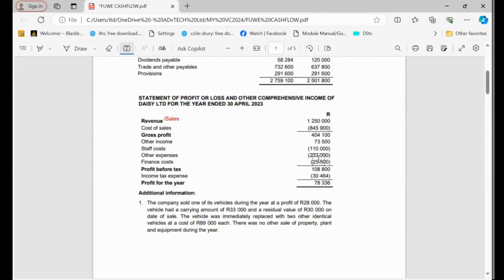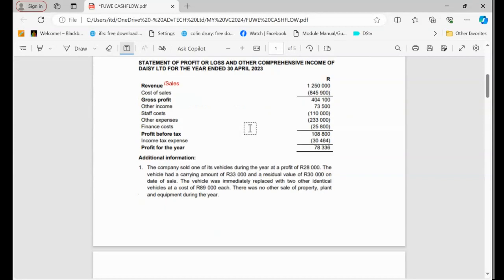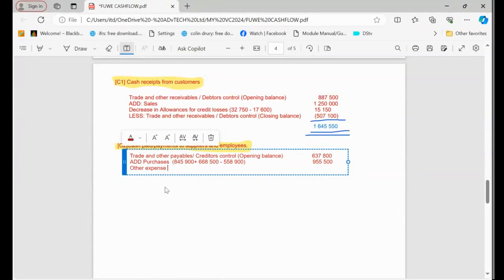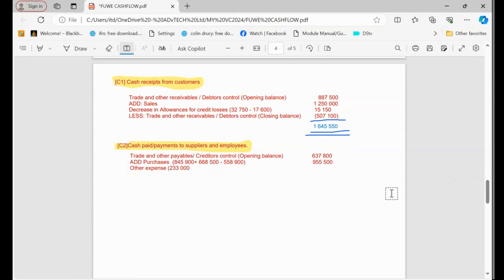How much? 233, yeah. I'm going to go down. Remember, I'm just showing the calculation in brackets there. So far, I found 233,000. I'm going to go and check another one. Maybe I can find another expense.